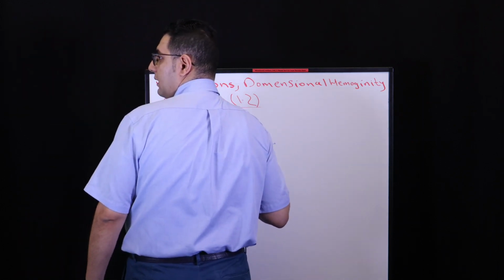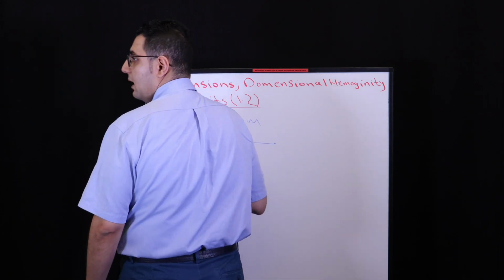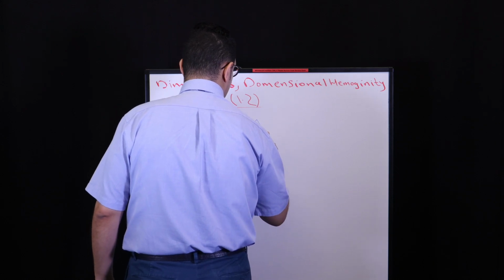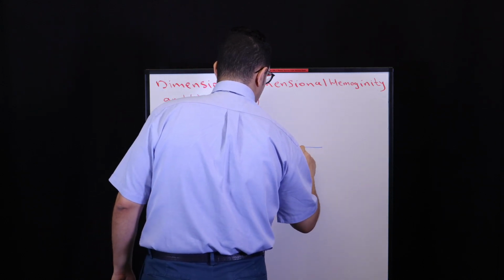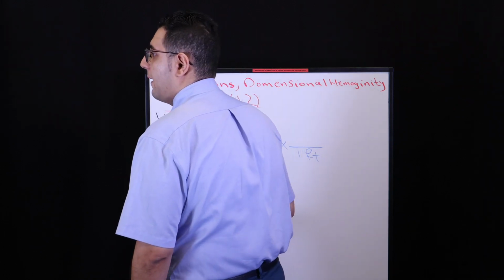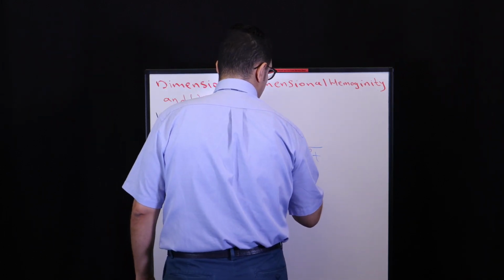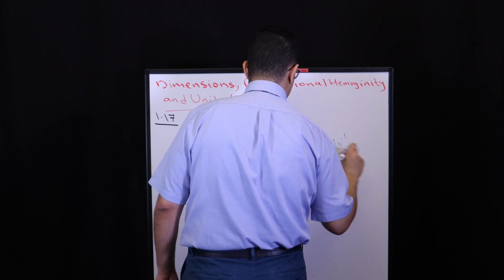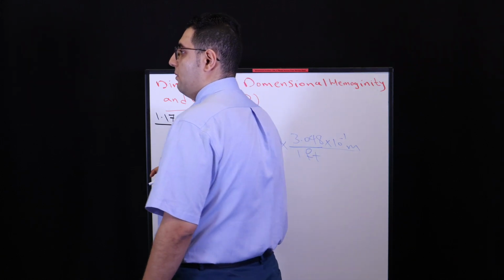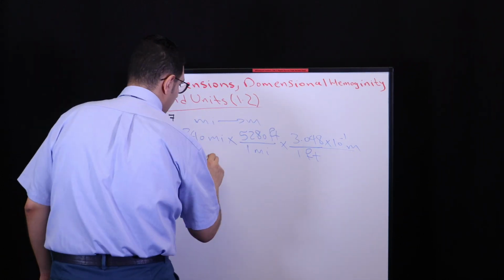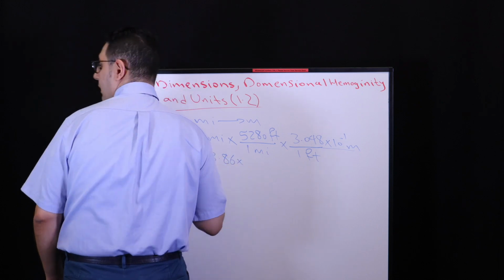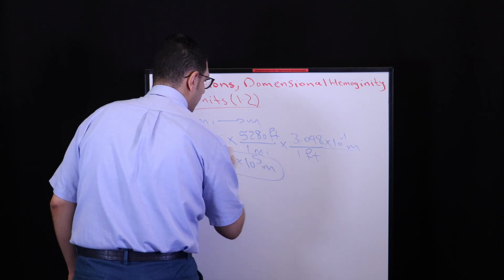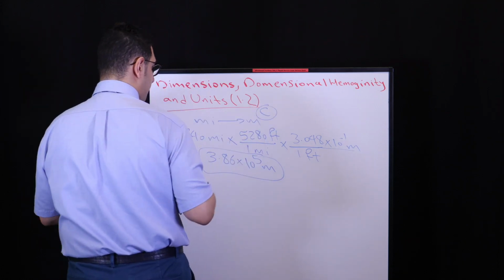Each mile is 5,280 feet, and each foot is 3.048 multiplied by 10 to power minus 1 meters. So the multiplication of the whole, we're going to have 3.86 multiplied by 10 to power 5 meters. This was the third part.